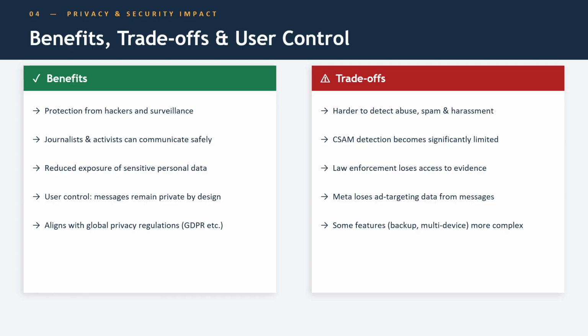And ironically, Meta itself loses access to message data it might otherwise use for ad targeting. Every security decision has a cost, and here the cost is visibility.